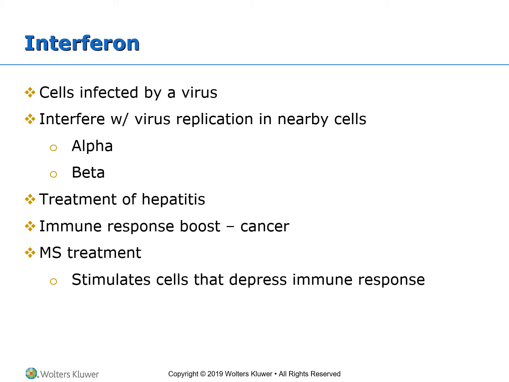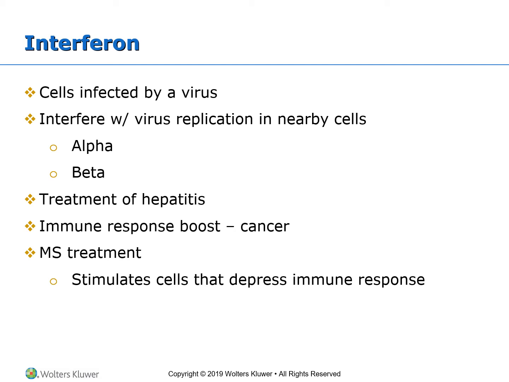So interferon is known to be a group of substances, it's not just one. The abbreviation for it is IFN followed by a Greek letter. It can be either alpha or beta in terms of differentiating between different categories.